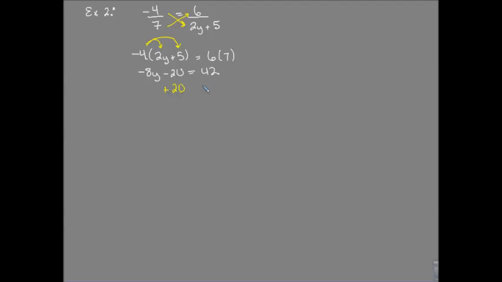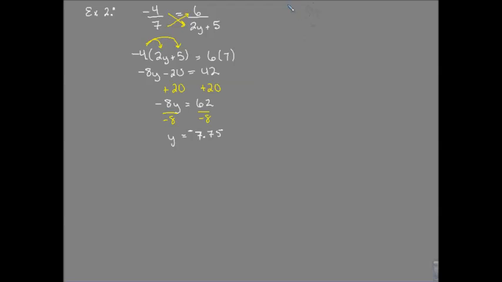Add 20 to both sides. Negative 8y is equal to 62. Divide by negative 8. And I don't have 62 divided by 8 memorized. It's going to be negative 7.75. And so see, for this type of problem, I would have to do the algebra to find that. I'm not going to be able to figure out what that is without it.